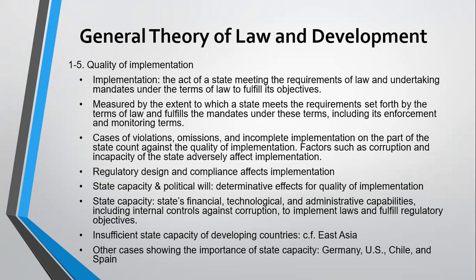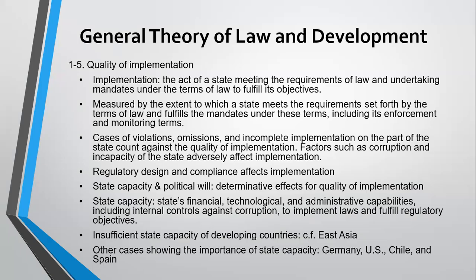The quality of implementation is measured by the extent to which a state meets the requirements set forth by the terms of law and fulfills the mandates under these terms, including its enforcement and monitoring terms.